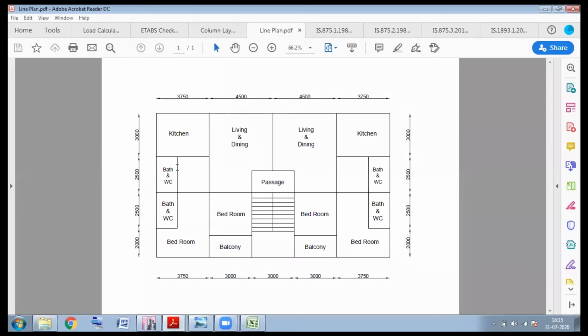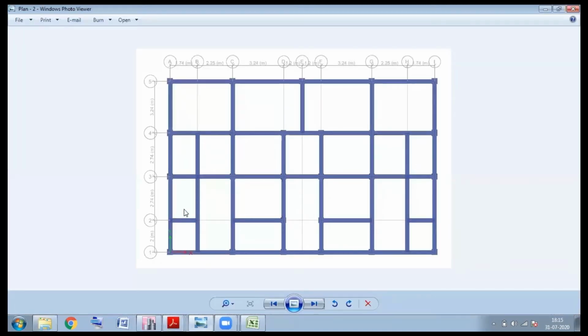So this beam and this beam, this entire beam is a secondary beam, and also this beam. Also on the opposite side, this is the bath and WC. Only these beams are considered as secondary beams, and other than that is called primary beam.